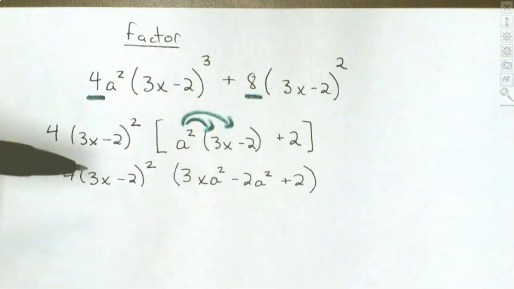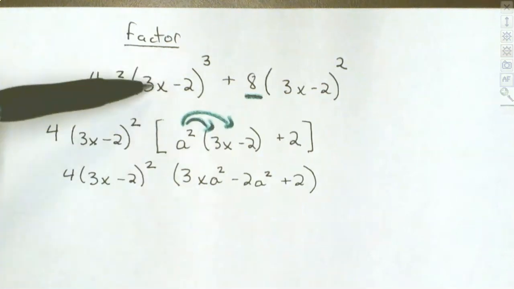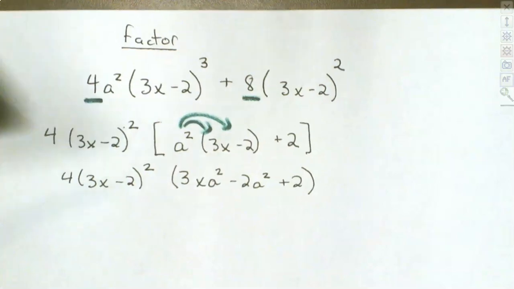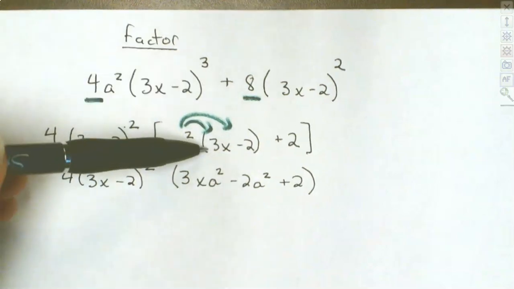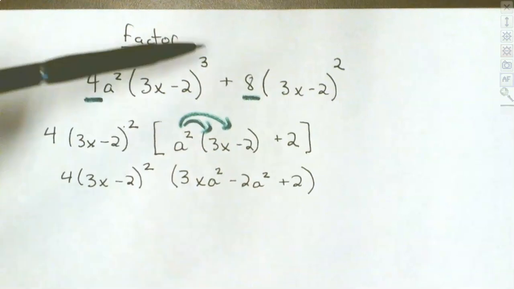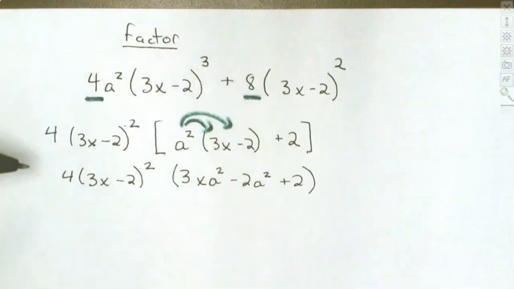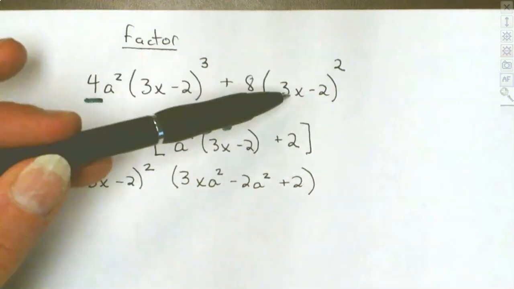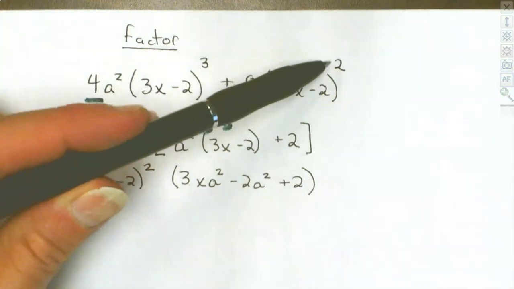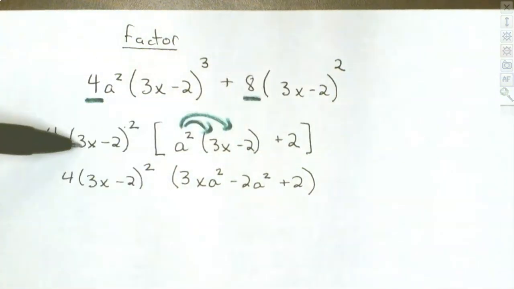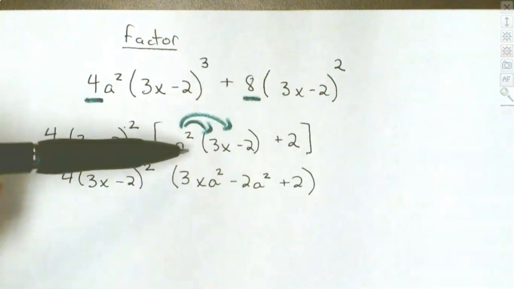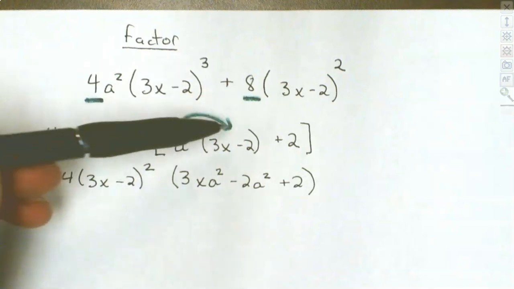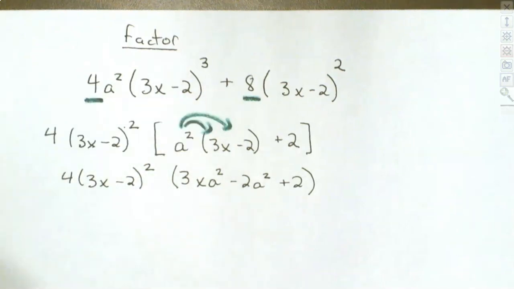We took out the 3x minus 2. Got them squared here. We've got 3 of them, so we took out that, left you with 1. 8 divided by 4 leaves you with a 2. The 3x minus 2 is squared. We're taking out 2 of them, so it's gone. Then we distributed the a squared through. Nothing combined together, and we're done.